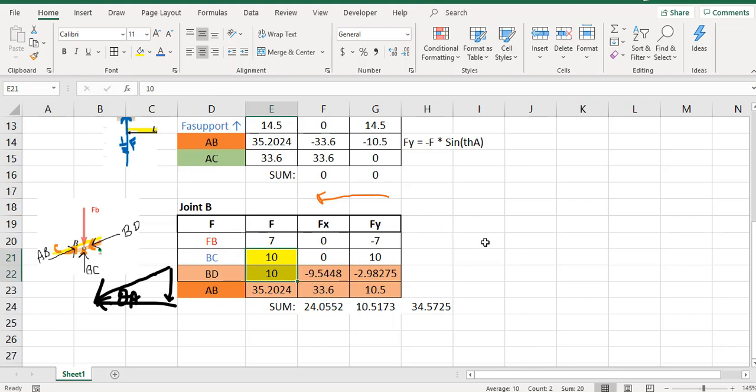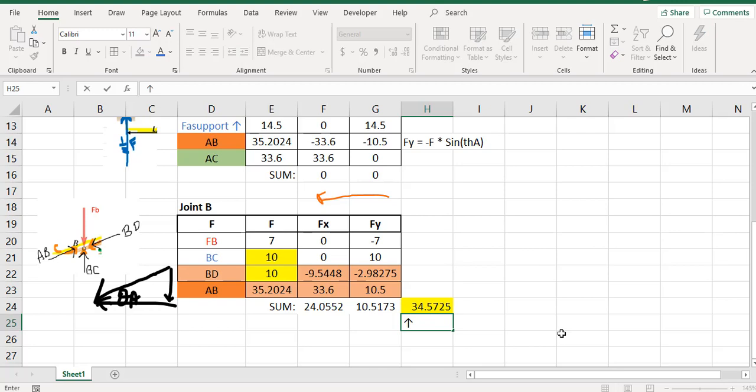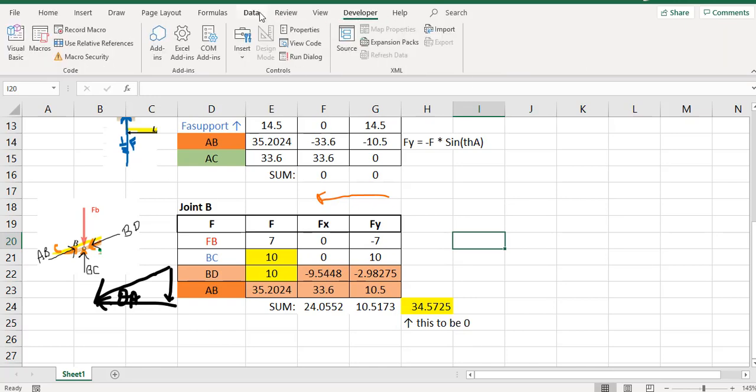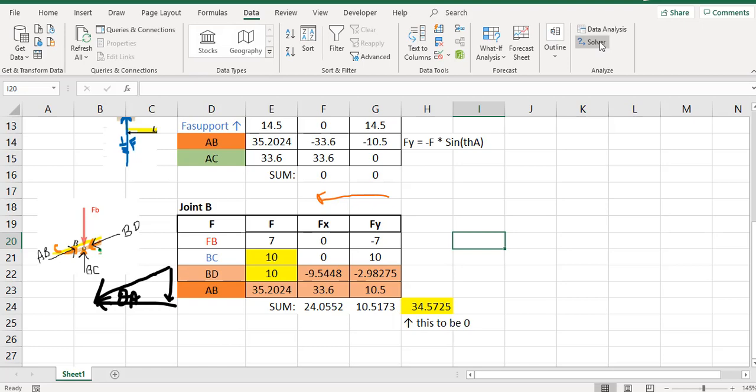Okay, so what goal seek or solve allows me to do is to change these two numbers in order to get this cell to 0. So I'm going to go ahead and say I want this to be 0, and then I'm going to change those two to do it. If you don't have this solver tool in Excel, it is an add-in.